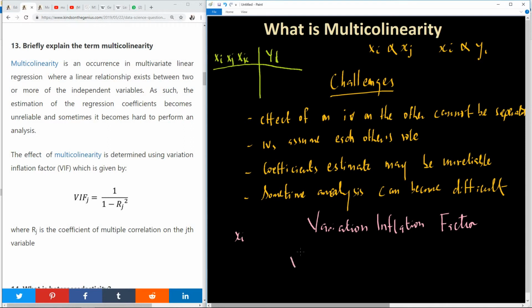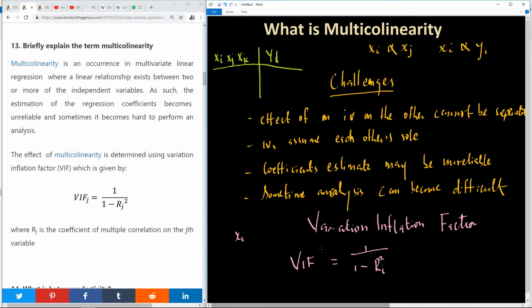It's calculated in this way: VIF is equal to 1 over 1 minus Ri squared. Of course, you know R squared is the coefficient of determination in regression.